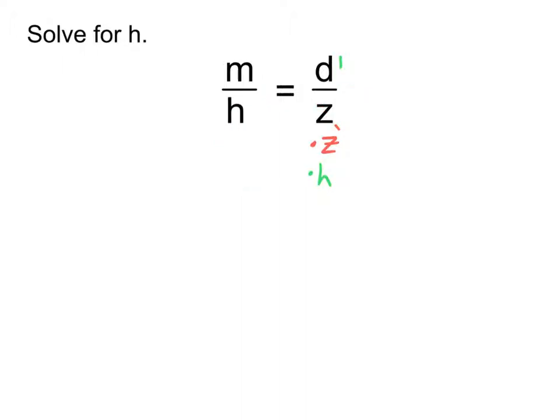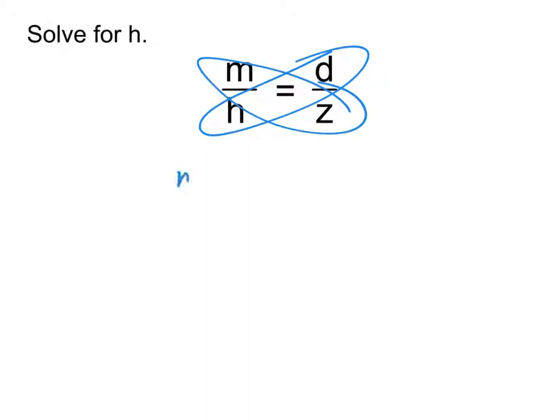It's just that when we do so, it ends up being this nice pretty little thing where we draw the circle, and we say that mz equals dh. That's why that's working. That's what you're doing in the background, is you're actually multiplying both sides by h and both sides by z.